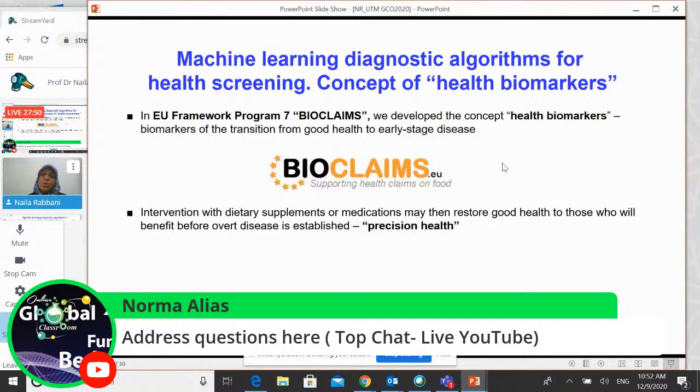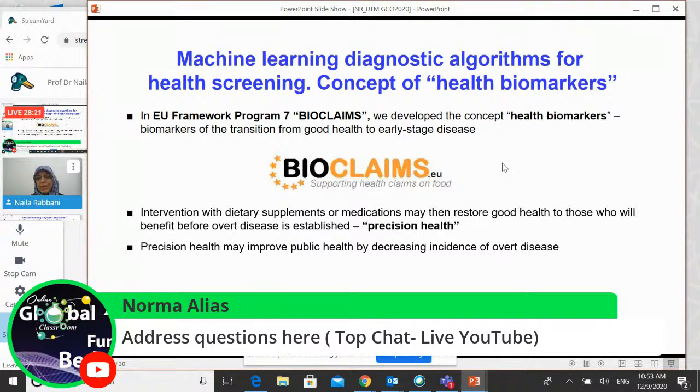If you know that in advance, then intervention with dietary supplements or medication may restore good health in those who will benefit, before overt disease is established. That we would term precision health, really treating people what is required, not just stabbing in the dark. Precision health may improve public health by decreasing the incidence of overt disease.